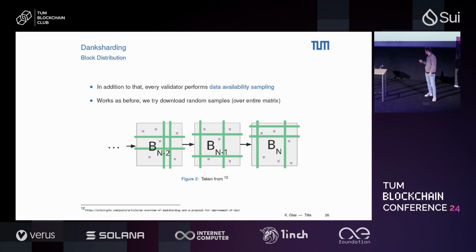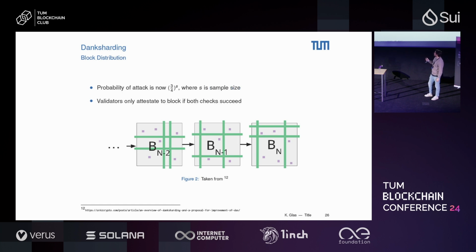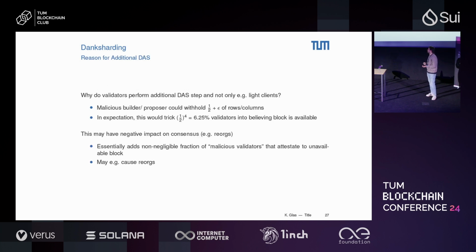And then in addition to that, we perform this random sampling we've already seen. So we pick some random samples and we download them. And the question is, why do we need this? So with this additional sampling, as I said, the coding rate differs here as opposed to before. And the problem is, if we would only download the custody rows and columns, then we would get this kind of significant error rate.